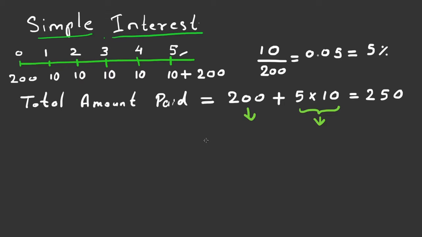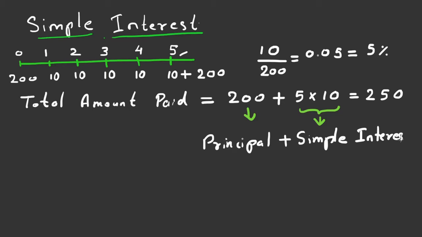So we write principal plus, in this case we call interest as simple interest. So total amount paid is principal plus simple interest.